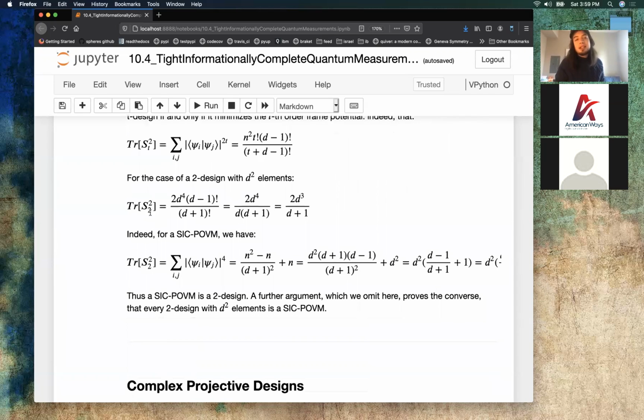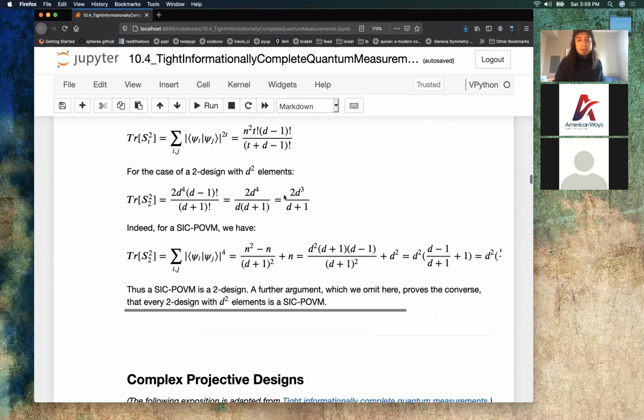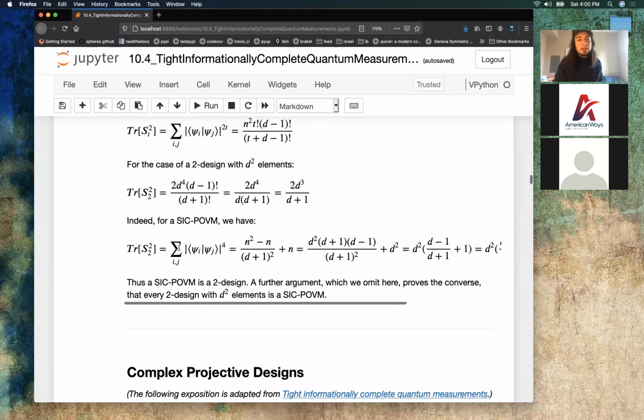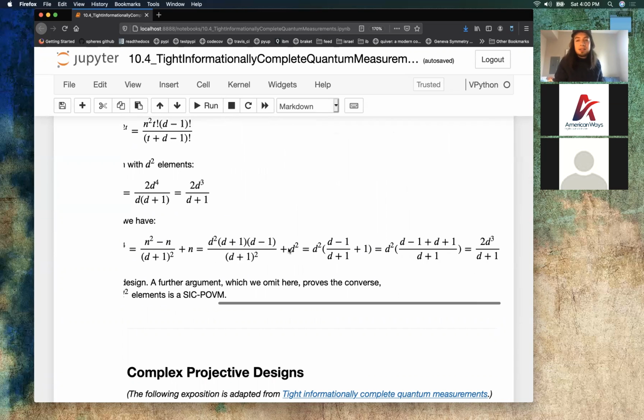And if we specialize to the case where T is equal to 2, that ends up being 2d to the third over d plus 1. And if we look at the case of a SIC, where we know what the inner products squared are supposed to be, we work it out and indeed we get exactly the right number.